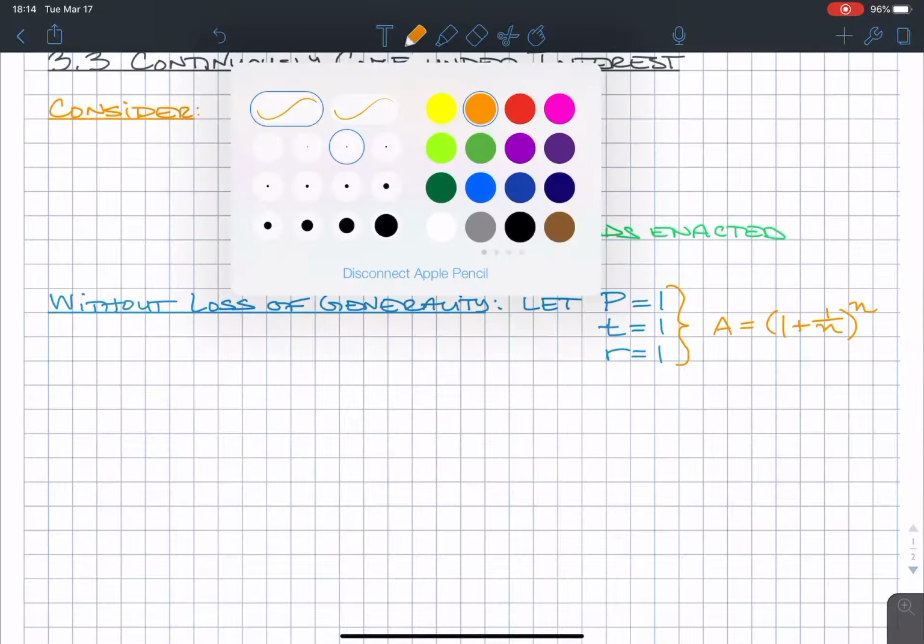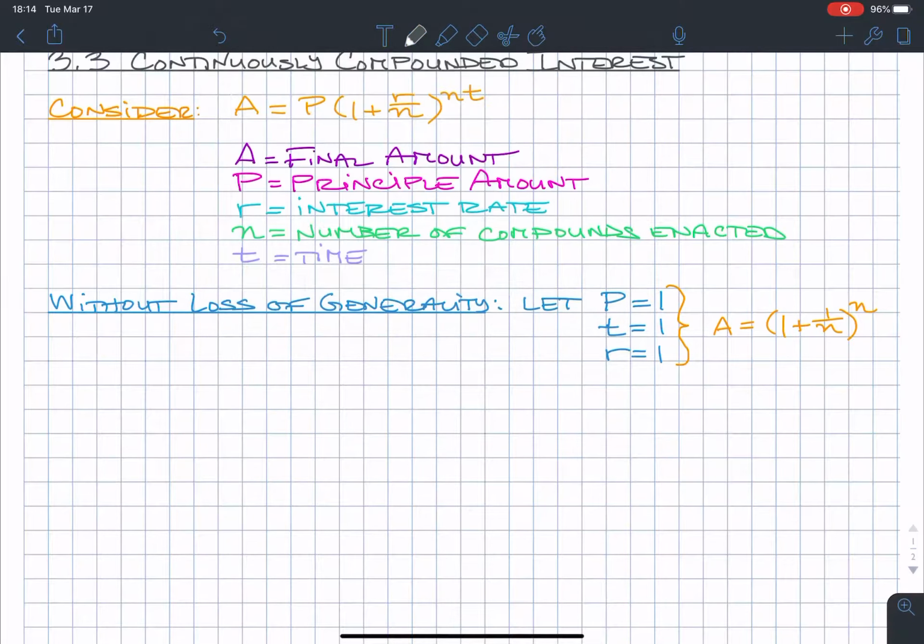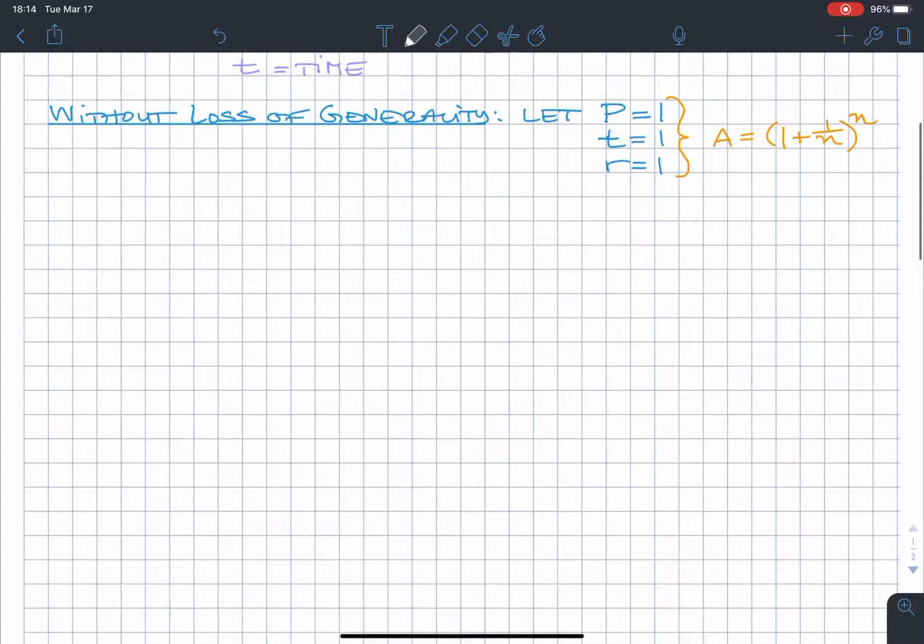Okay, so for example, this is going to be a calculator problem. So you're going to need to have your scientific calculator, or maybe your phone will do this, I'm not sure. Find A, the final amount, in the following.